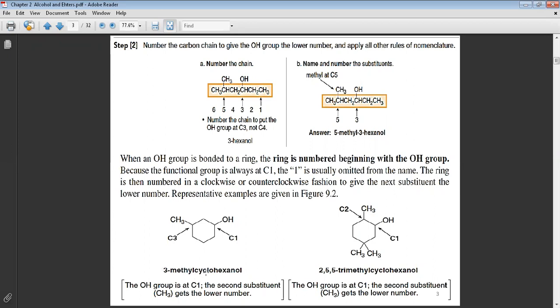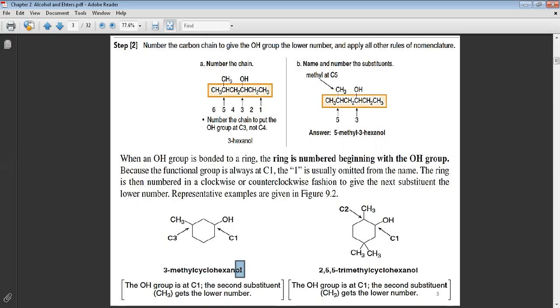Don't say 3-methyl-1-cyclohexanol. We don't need to write number 1 here, because for a cyclic compound the hydroxyl group always takes number 1.